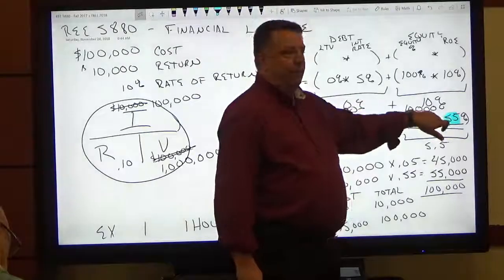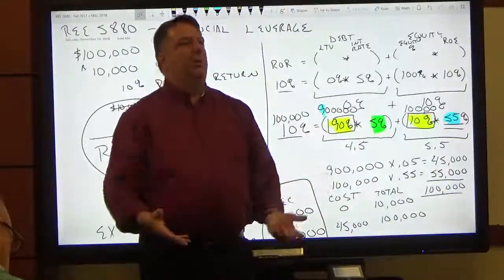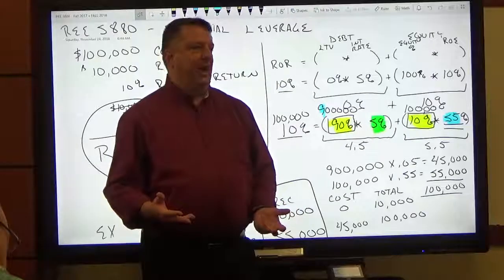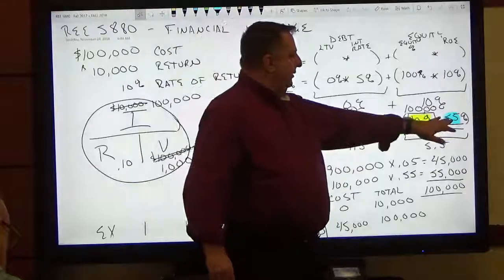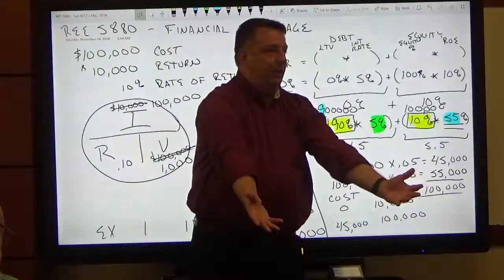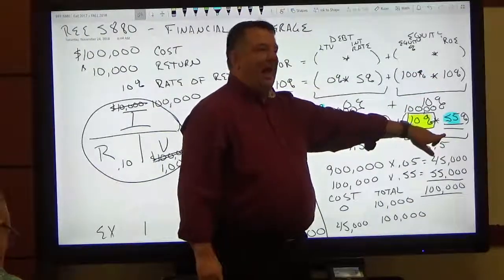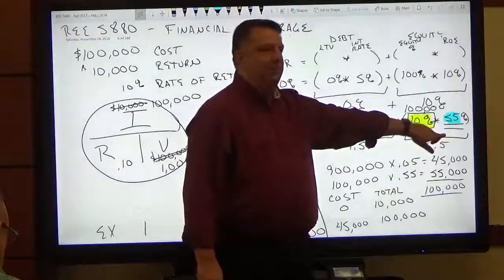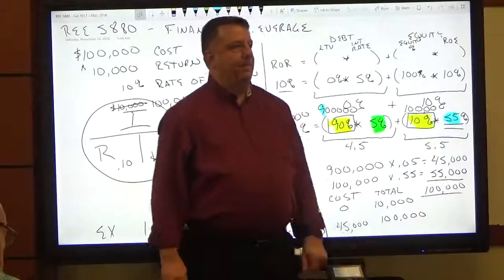Because this is the number that really begins to tell us what our true rate of return is regardless of the dollar amount. So, in other words, if in the first example we were getting a 10% rate of return, and in the second example we're getting 5.5 times that, we're going to be really happy with that. We shouldn't even worry about how many houses you actually have to buy.